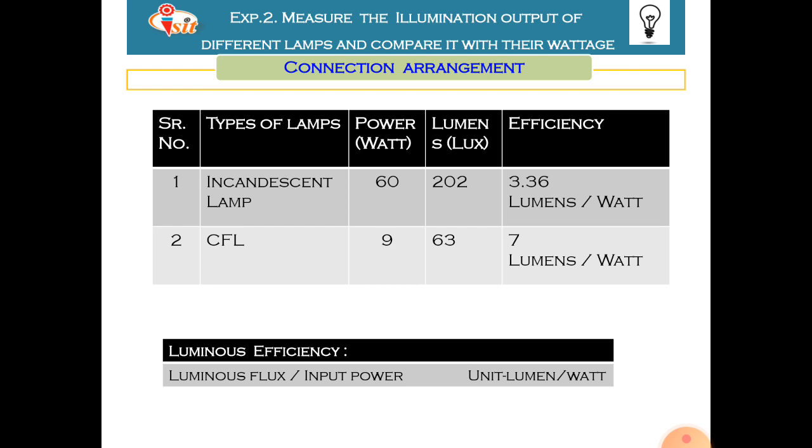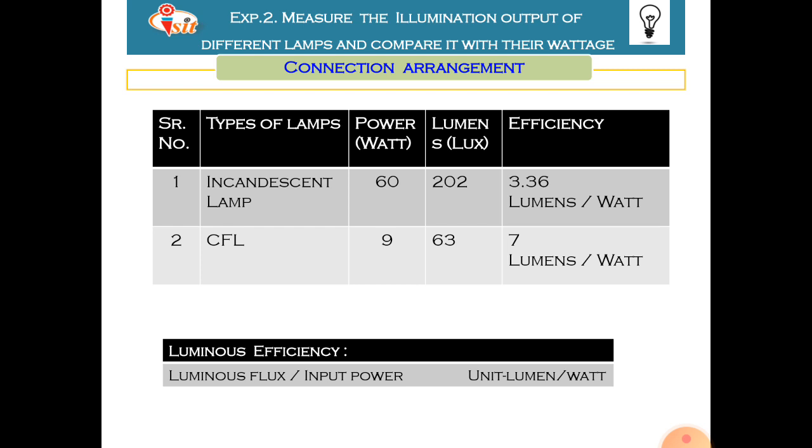The formula for finding luminous efficiency is stated in the next table: luminous efficiency equals luminous flux divided by input power. The input power means the power consumed by the light fittings, so its unit is lumens per watt. According to this formula, we find the efficiency of each lamp.